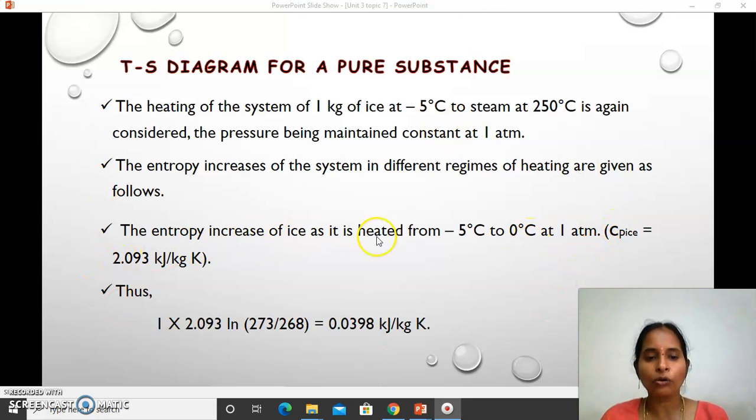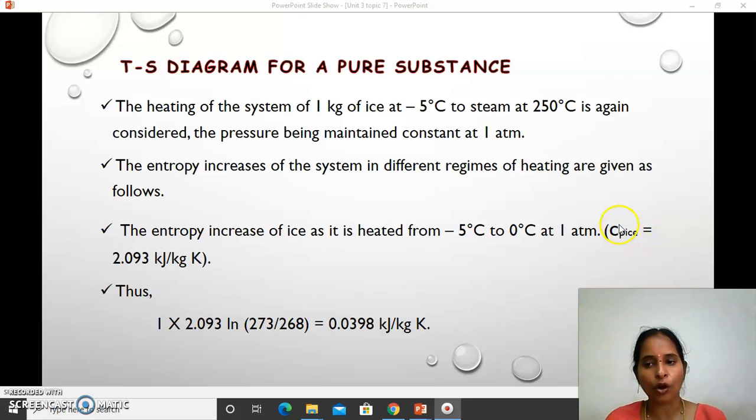So here, how are you going to calculate the entropy change when you are adding heat to convert 1 kg of ice from minus 5 degrees Celsius to 0 degrees Celsius? It is m into Cp for ice.